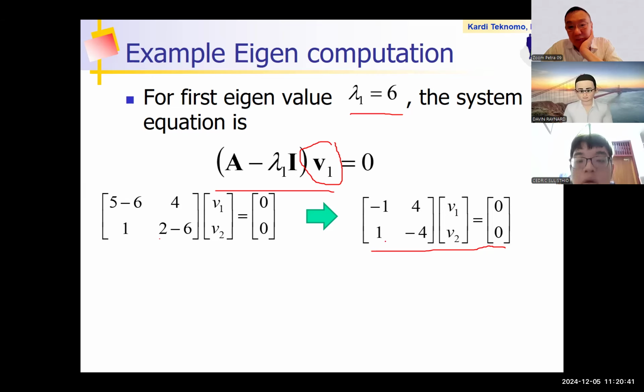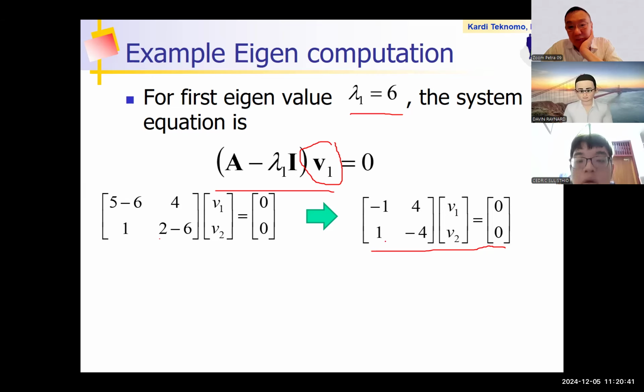So, okay, then you will get, right. So we have minus V1 plus 4 V2 equals 0, right?